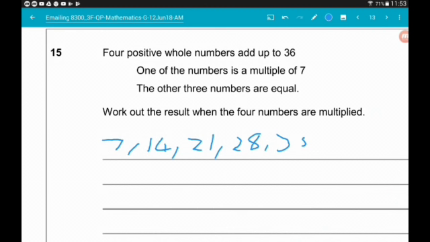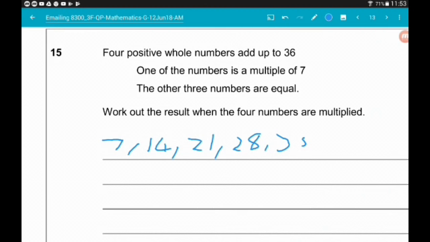Now we know the other 3 numbers are equal. So that means if we take the multiple of 7 away from 36, we have to end up with a number divisible by 3.